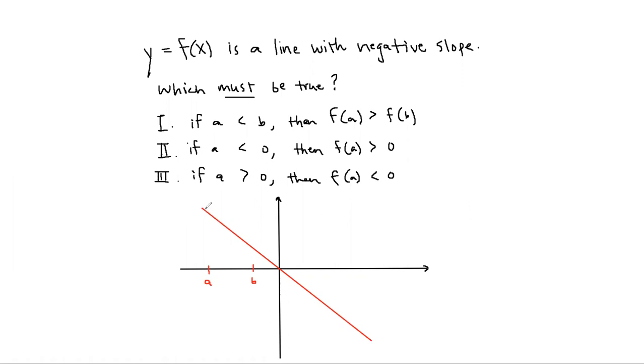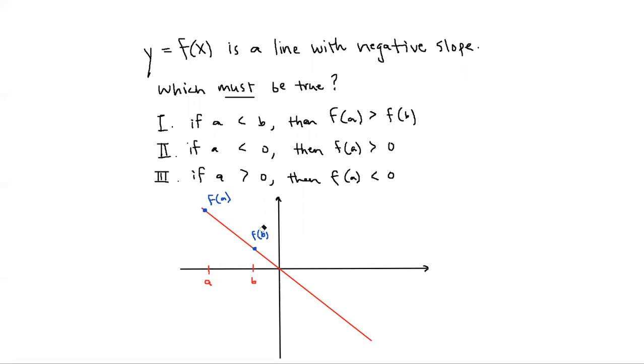Well, f of a is here, and f of b is here. So it seems like in this case, f of a really is greater than f of b. But again, we've just shown one instance where option 1 is true. We have not shown that it must be true.